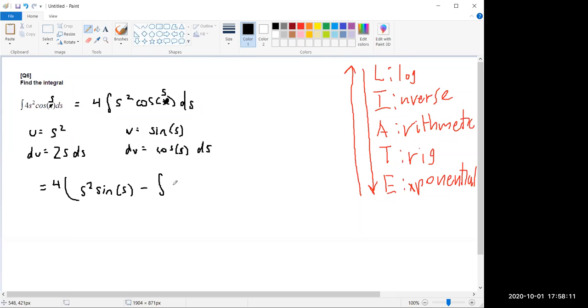So this would be 2s times sine of s, close parentheses, ds, and then close.